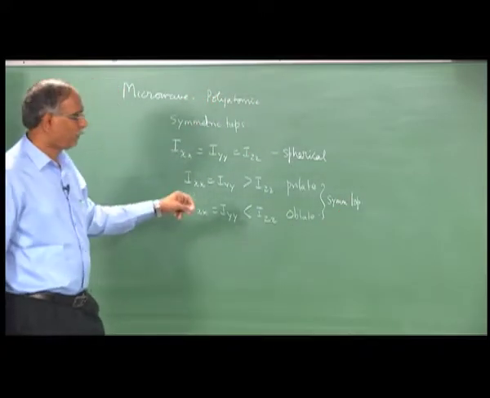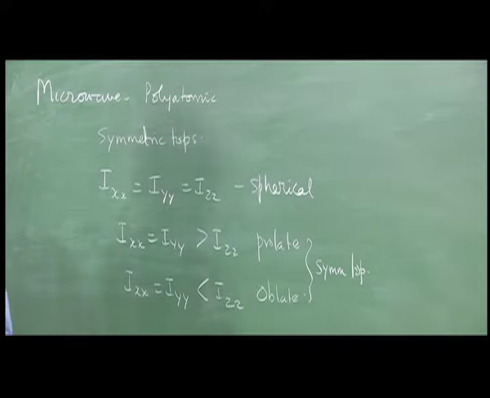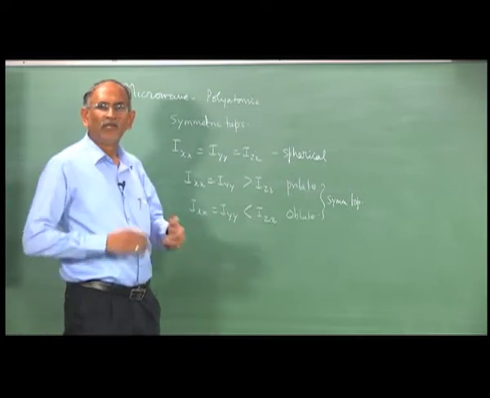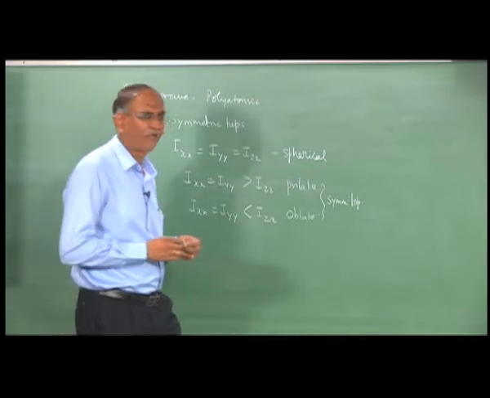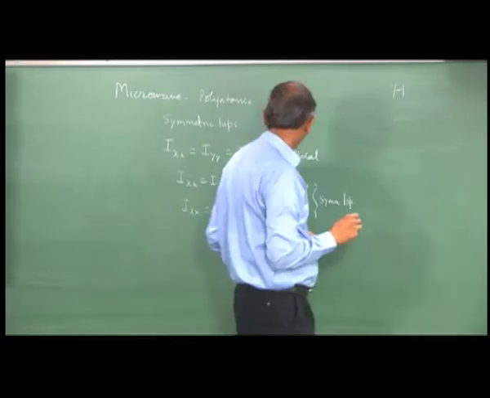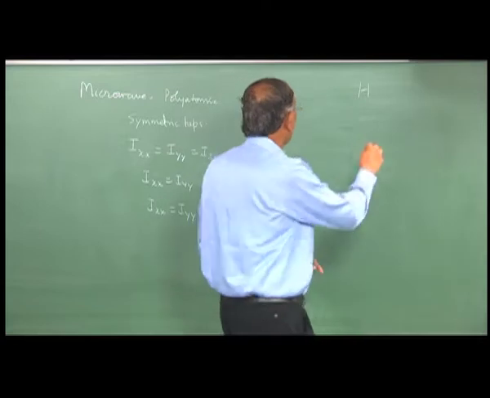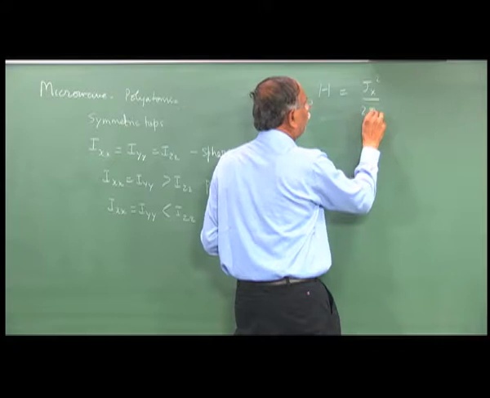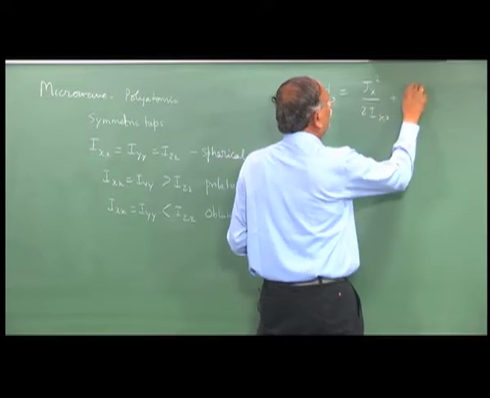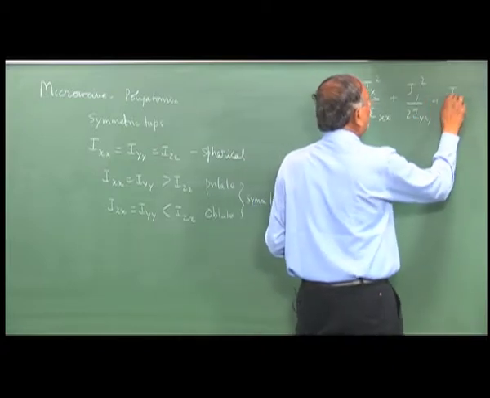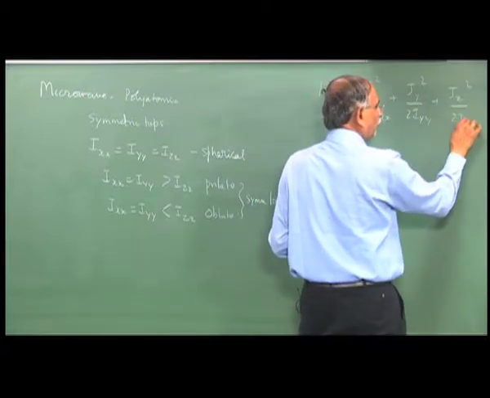The spectrum of symmetric top and the energy levels of the symmetric top are easy to calculate because of the special fact that the Hamiltonian for the symmetric top has a special form. Please remember, for a molecule which had all the three moments of inertia being different, the Hamiltonian is written as Jx square by 2Ixx plus Jy square by 2Iyy and Jz square by 2Izz.